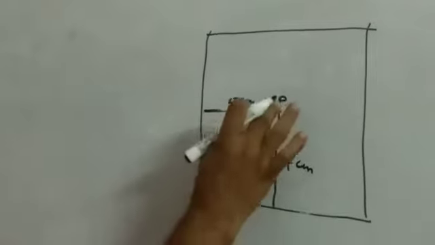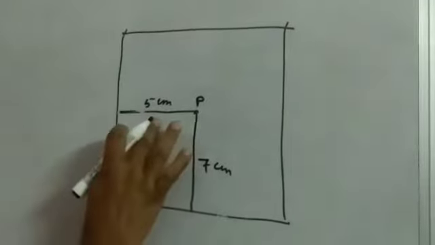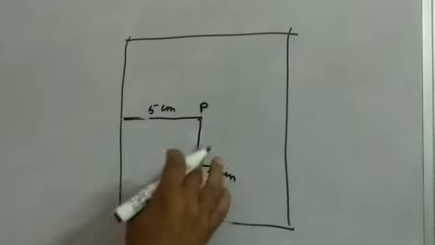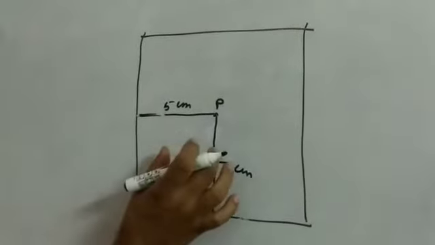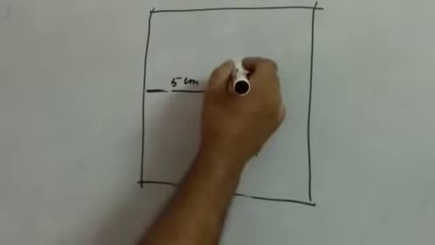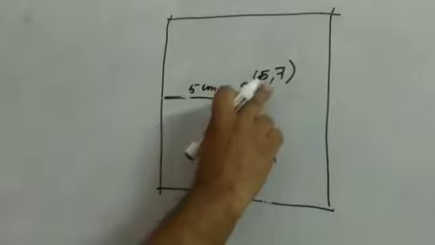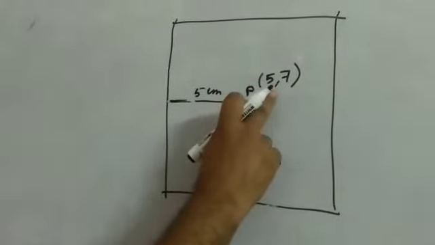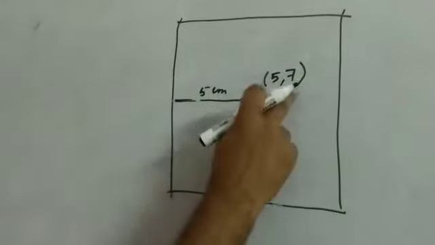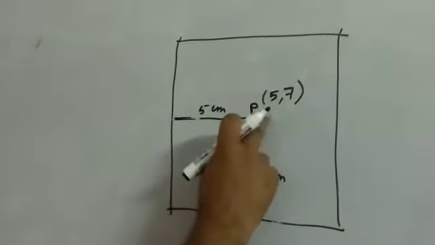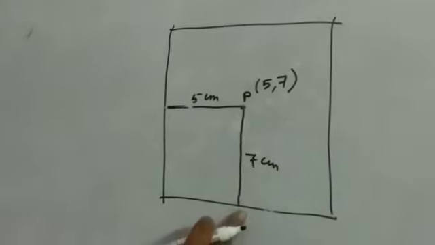The distance of this point from the left edge is 5 centimeter and the distance of this point from the bottom edge is 7 centimeter. Then we will write the position of this point as 5, 7. Here 5 means the perpendicular distance of this point from the left edge, and 7 means the distance of this point from the bottom edge, 7 centimeter.